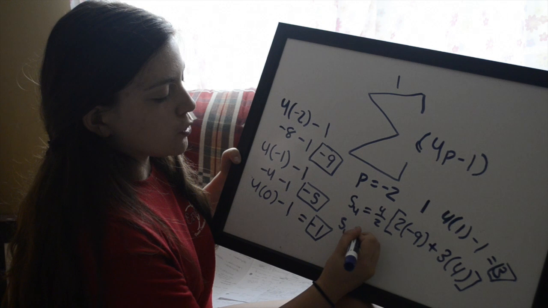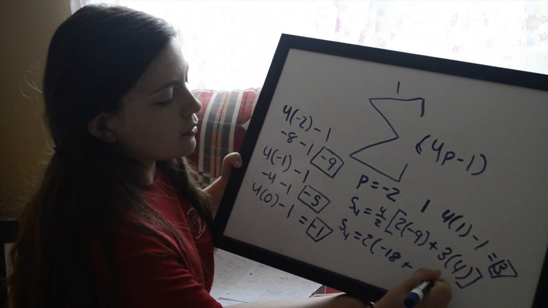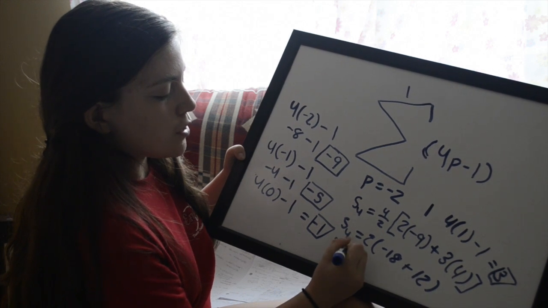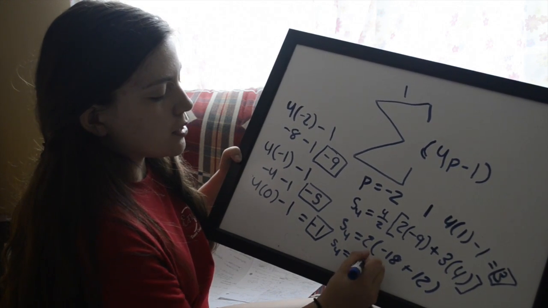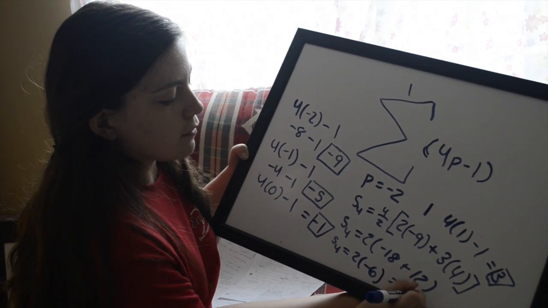Then your sum of 4 terms is going to be 2 times negative 18 plus 12. Your sum of 4 terms is 2 times negative 6, and that is going to equal negative 12.